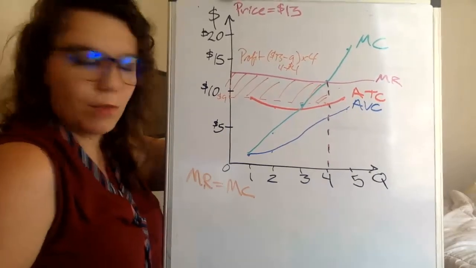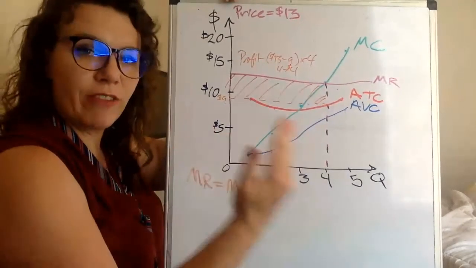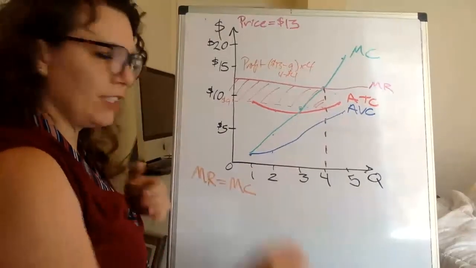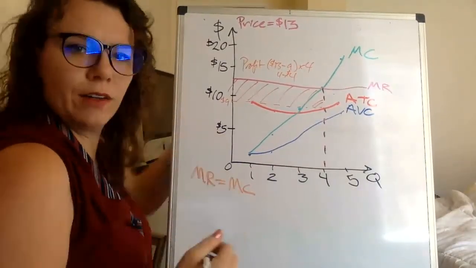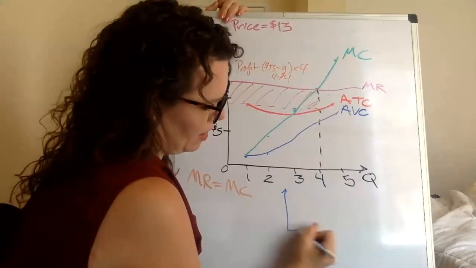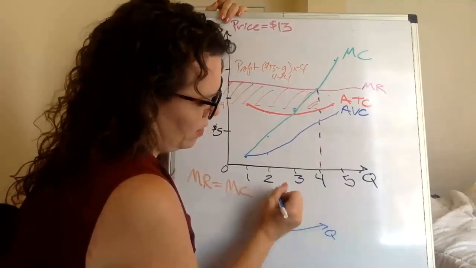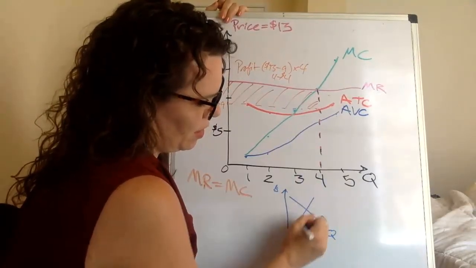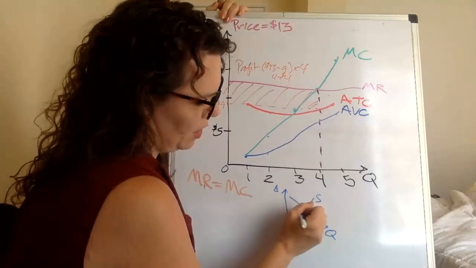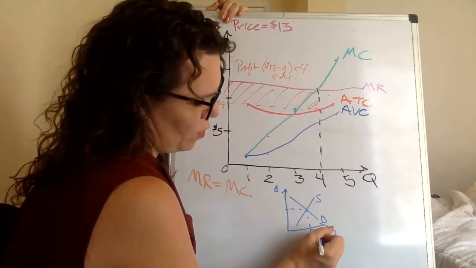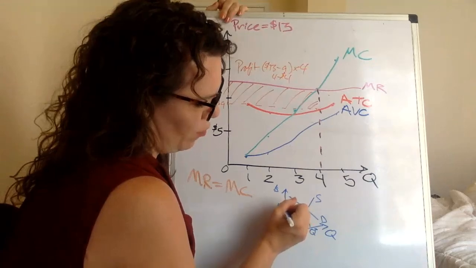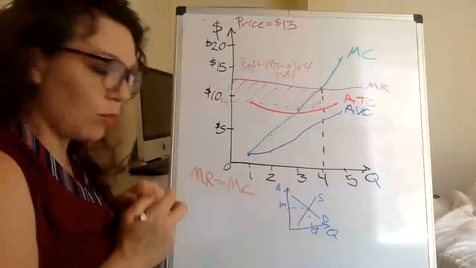The more firms enter the market, that's going to shift the supply curve out, lowering the price. You don't have to take my word for it. We could draw it right here. So if we have the market for this good with some demand and some supply in equilibrium, remember that one of our non-price determinants of supply is number of firms.